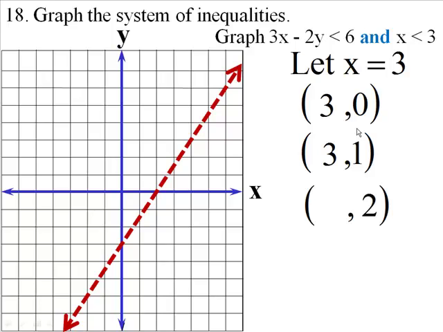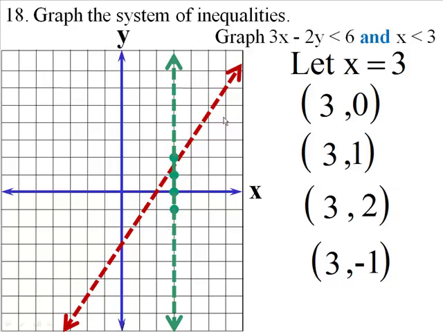If y is 2, x is 3. If y is negative 1, x is 3. So we graph these points: 3, 0, then up to 3, 1, 3, 2, and down to 3, negative 1, and draw a dashed line through these points. This is the line x equals 3. And a dashed line will represent a strict inequality.